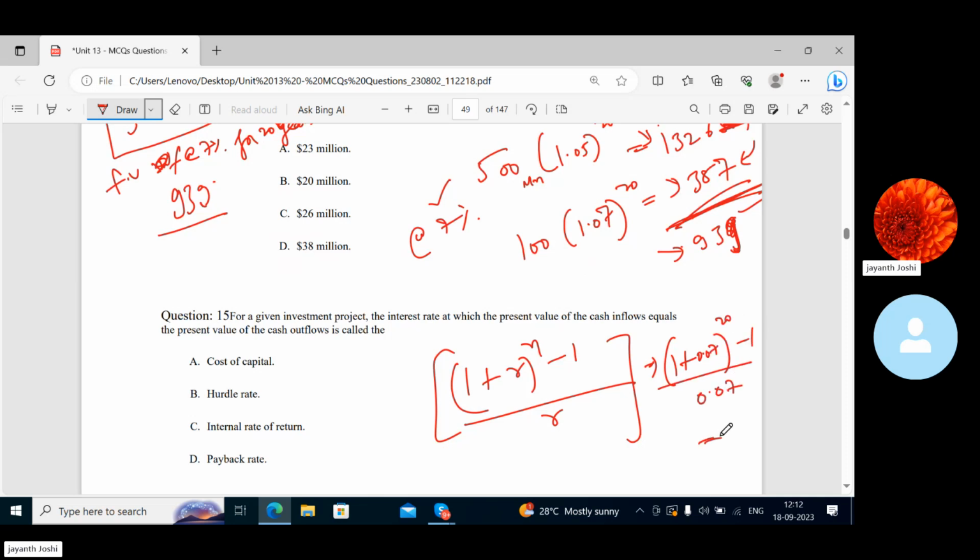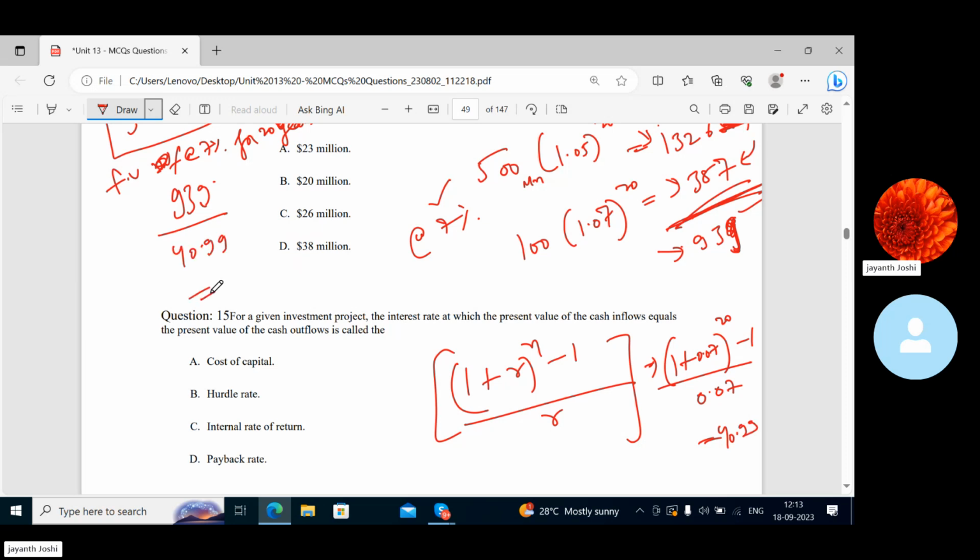Can you tell me what this is? 40.995. Just divide 939 by this 40.99 and you'll get the answer.